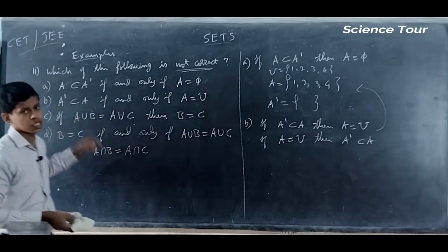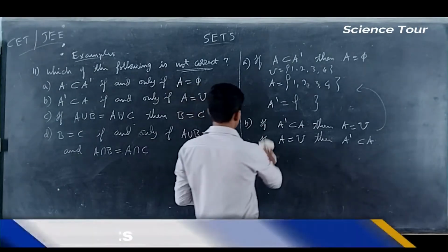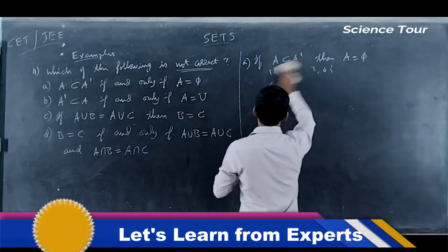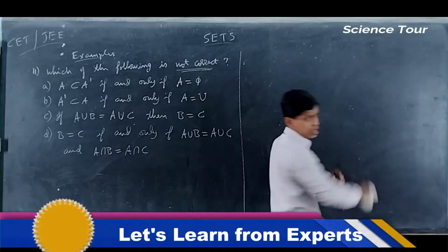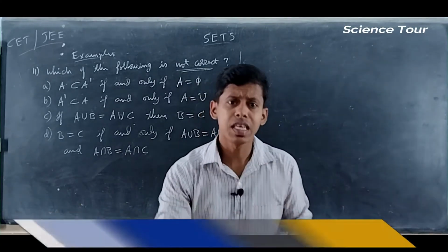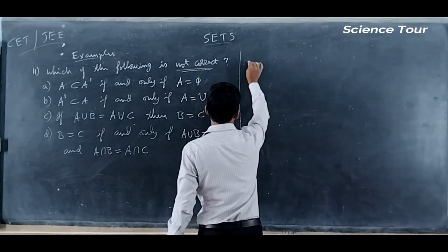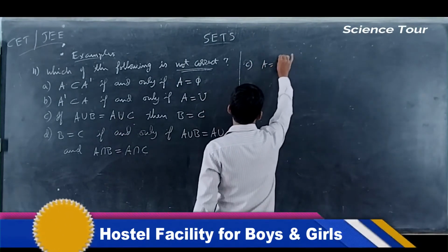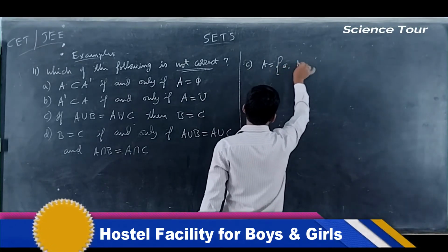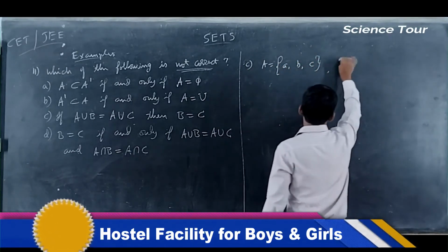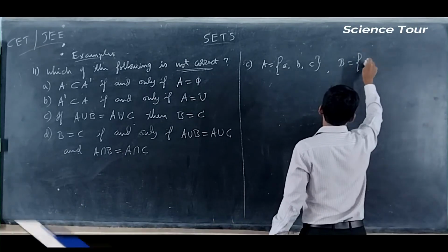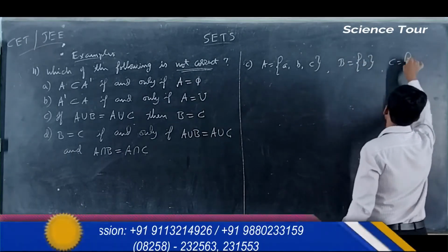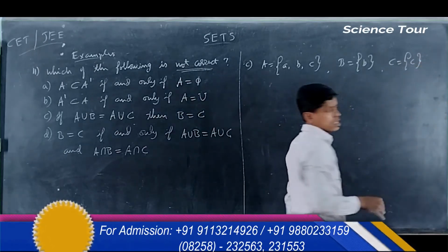Now coming to this, A union B is equal to A union C. You have three sets here, A, B and C. Let me give an example for the third option. You take the set A as {a, b, c}, the set B as the singleton set {b}, and the set C as {c}.